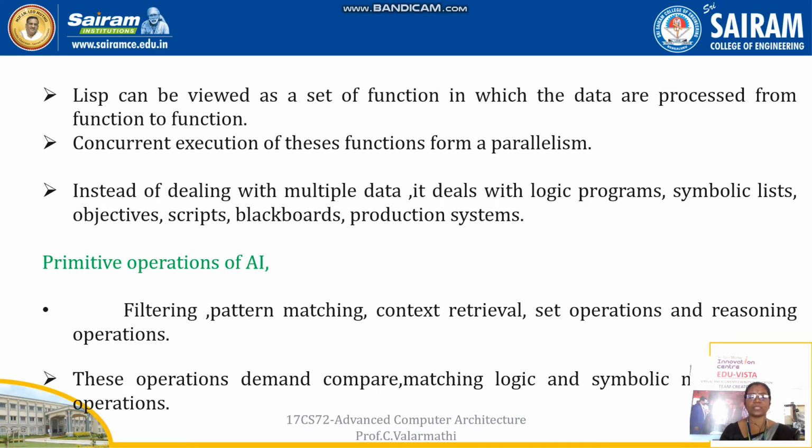Then concurrent execution of these functions forms parallelism. These functions are nothing but Lisp here. So concurrent execution of Lisp can form parallelism. That means parallelism among the Lisp execution is achieved.